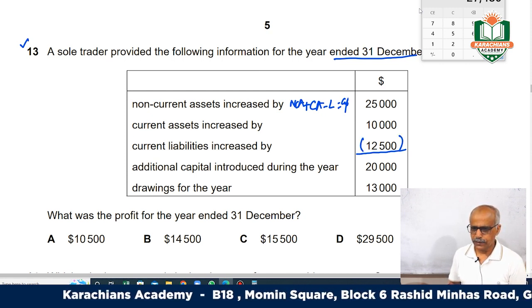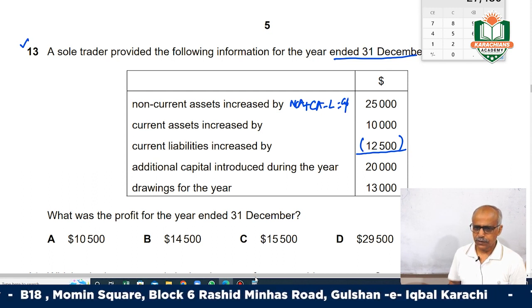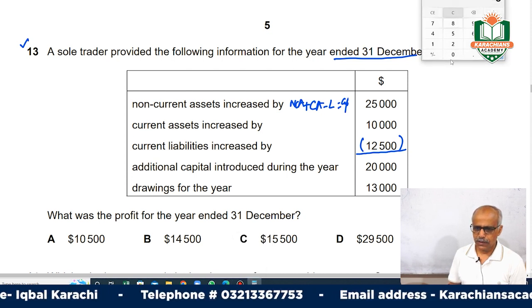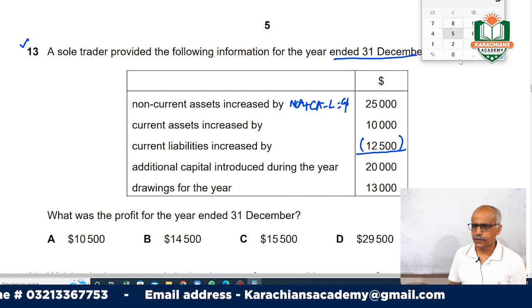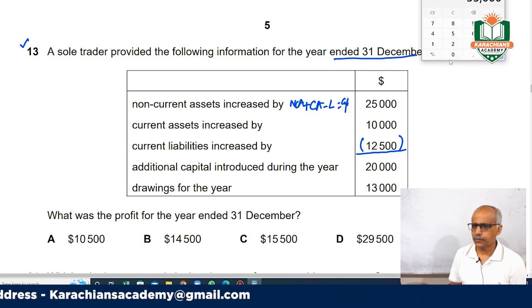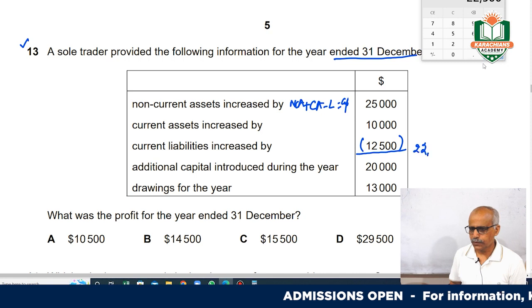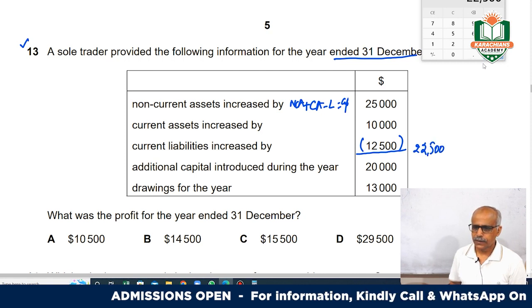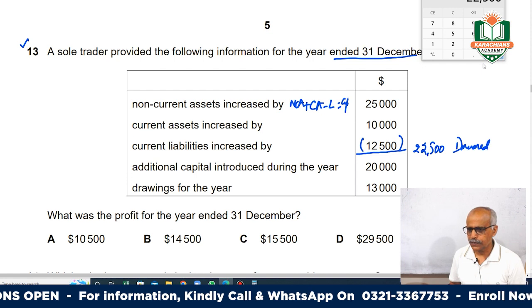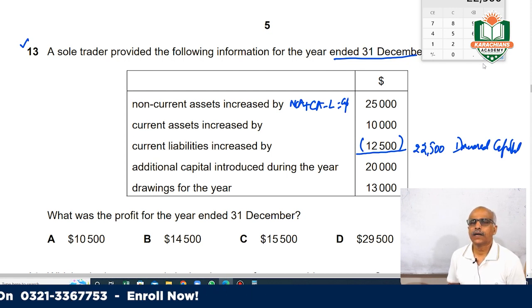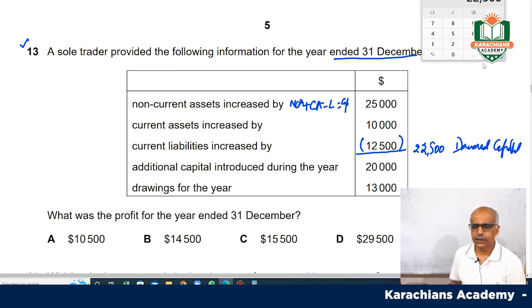So 25,000 plus 10,000 is 35,000, minus 12,500, she will get 22,500. This is your increased capital: increase in assets minus increase in liability. This is the capital which is increased in your business, right?